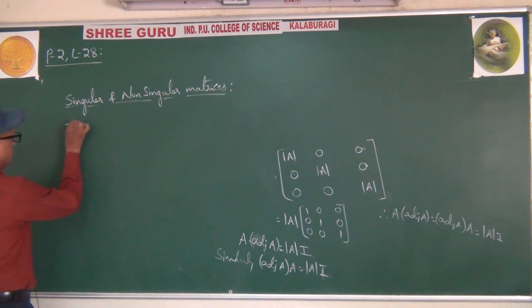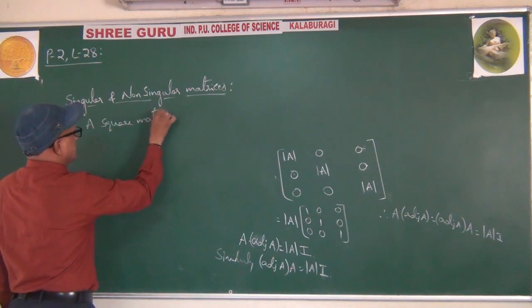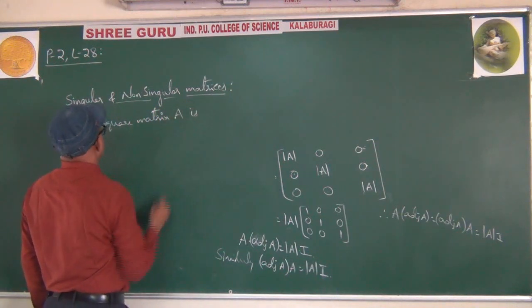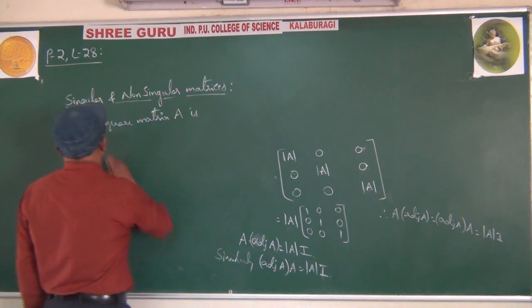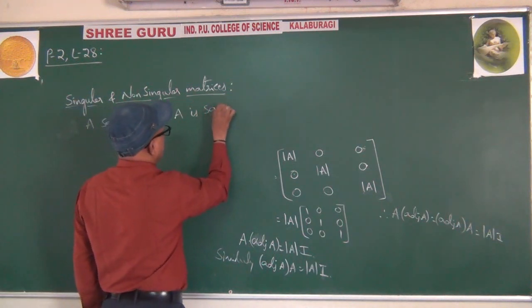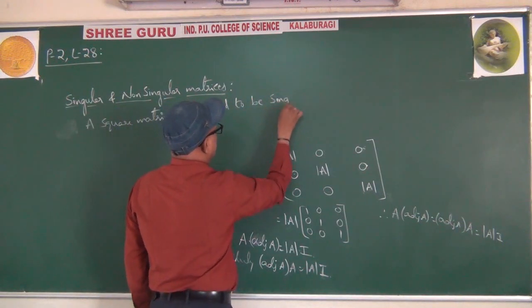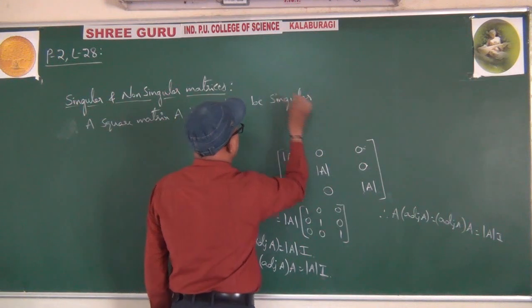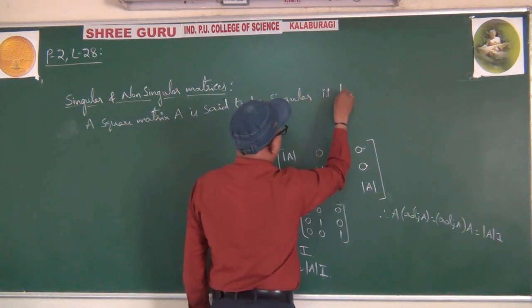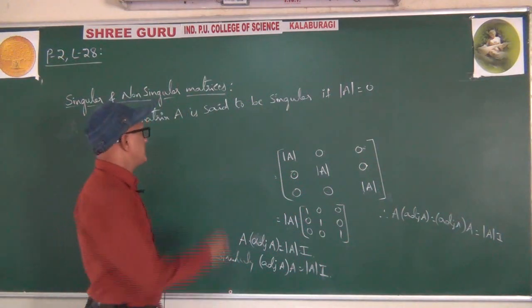A square matrix A is said to be singular if determinant A equals 0.